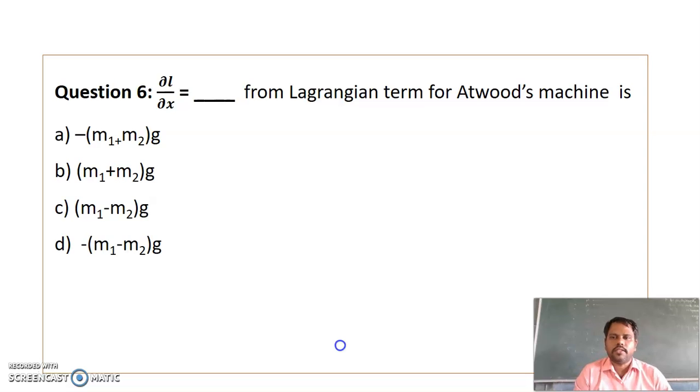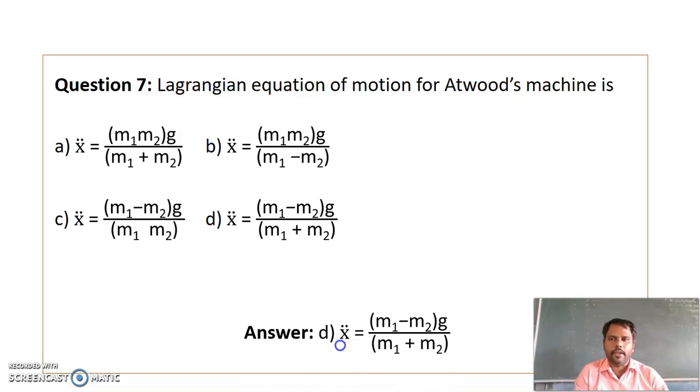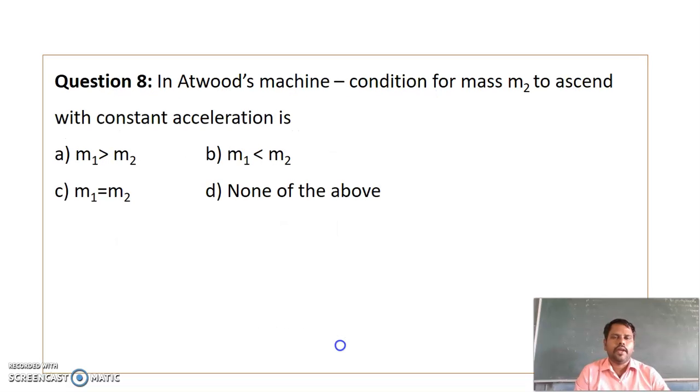Dou L by dou x is, we have seen, m1 minus m2 into g. Question number 7. The equation of motion for Atwood's machine is m1 minus m2 into g divided by m1 plus m2. So the option is D. Question number 8.